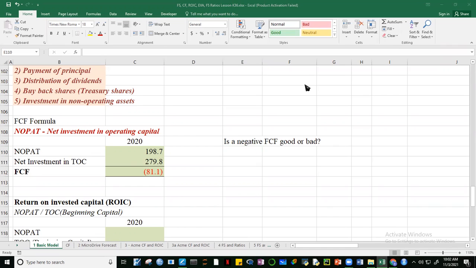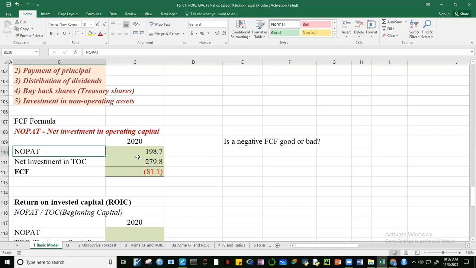Okay, I have a question. How do you check if free cash flow is correct? Thank you, Lian, for your question. To check if the free cash flow is correct, we use the formula. The formula for free cash flow is our NOPAT minus net investment in operating capital.